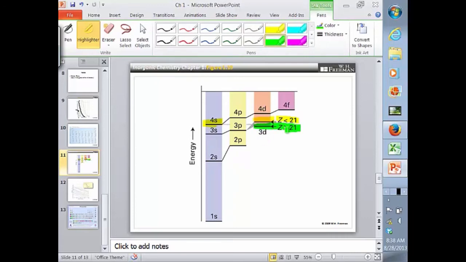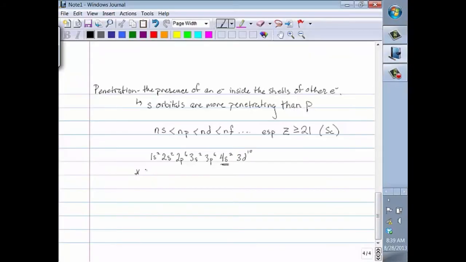Z after 21, so scandium and greater, your 3d orbitals are actually lower in energy than your 4s orbitals. And so the trends that we've learned are actually still true, but it's not because the 4s orbital is lower in energy than the 3d orbital. In the hydrogen atom, 4s is in fact lower in energy than the 3d. But in elements where Z is greater than or equal to 21, the 3d is actually lower in energy than the 4s.